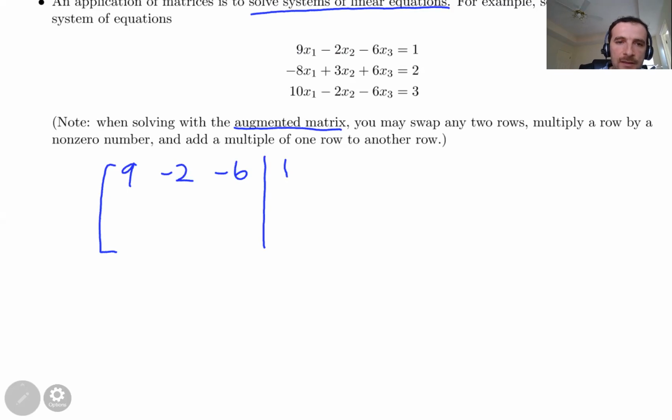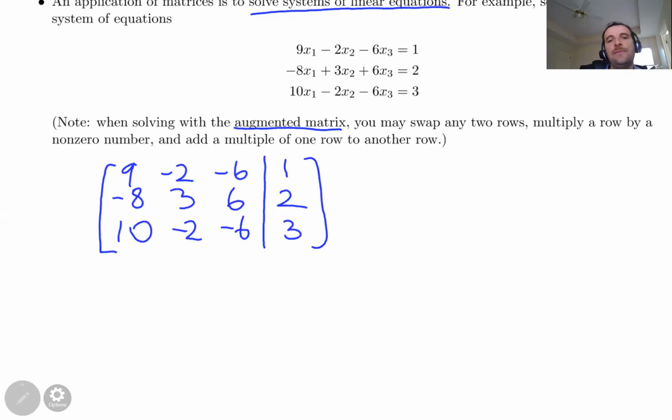So negative 8, 3, 6, and 2, 10, negative 2, negative 6, and 3. Now I can represent this linear system with a matrix like that. This is called an augmented matrix. So instead of working on the linear system itself, I can work on the matrix and get the answer.